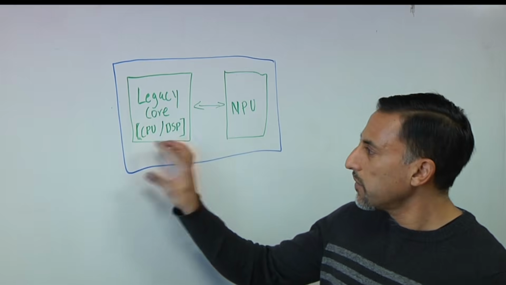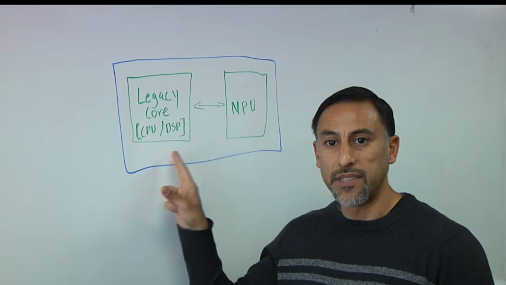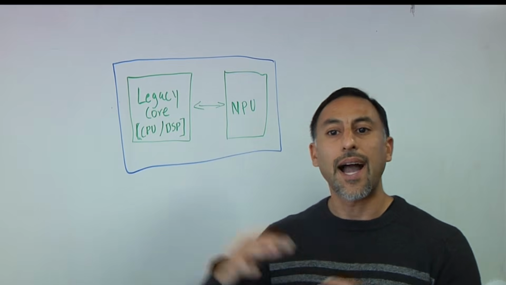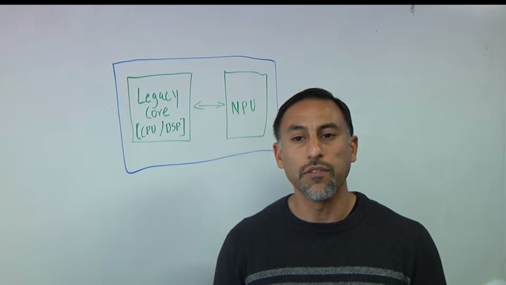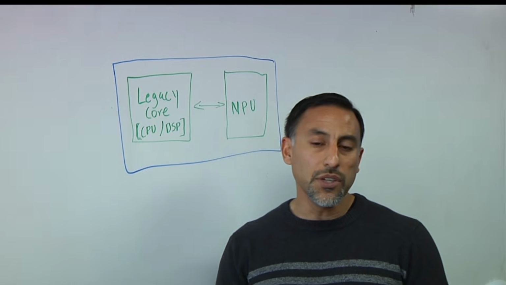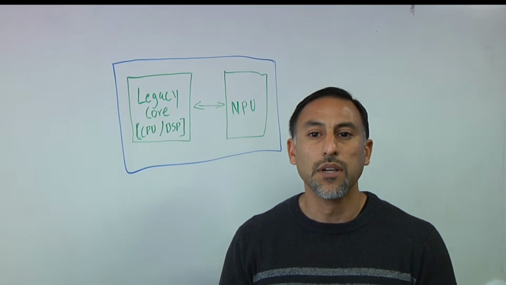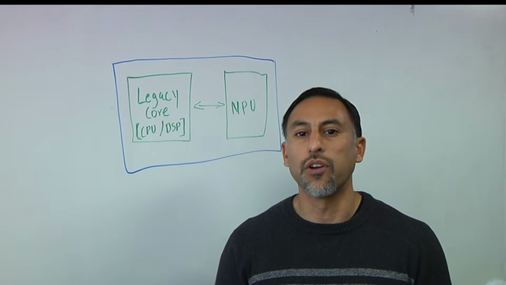While you could do that with a legacy core, you're often limited by how much parallelism exists in a CPU or DSP. Whereas in our architecture, in our largest single core offering, you have 1,024 ALUs.